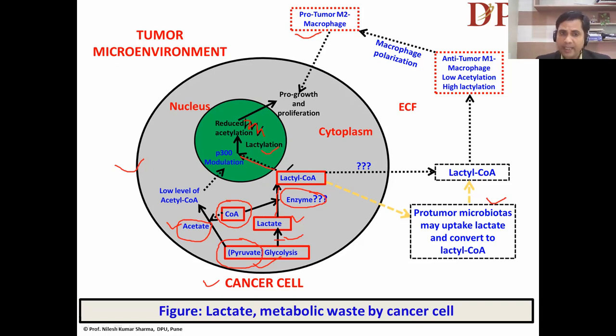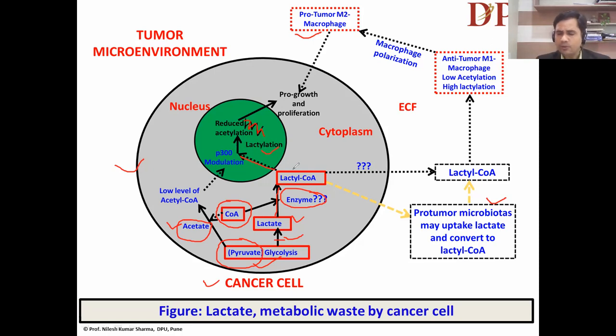Now, if we have the evidence of lactyl CoA getting inside the nucleus and then performing lactylation, another gap in the field is that the epigenetic enzyme that is going to perform lactylation by using lactyl CoA still is not confirmed, and there are some debatable questions. What is the exact enzyme that performs this epigenetic process, that is lactylation?